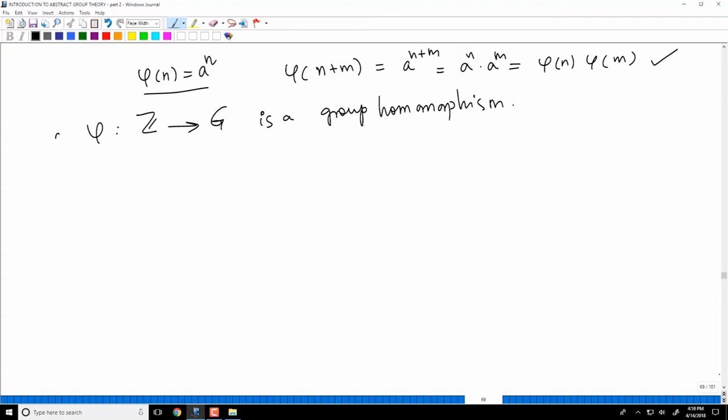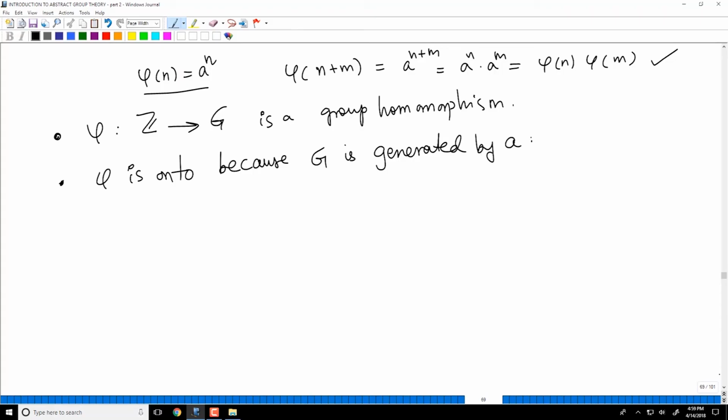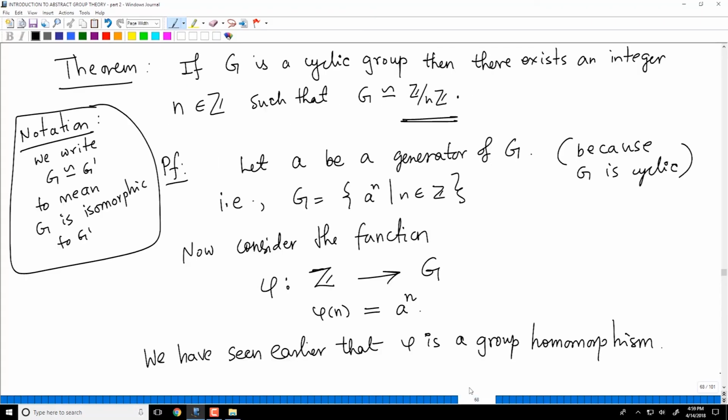And this is the first point. And of course phi is onto. This is because G is cyclic. The point is phi maps an integer n to a to the n.